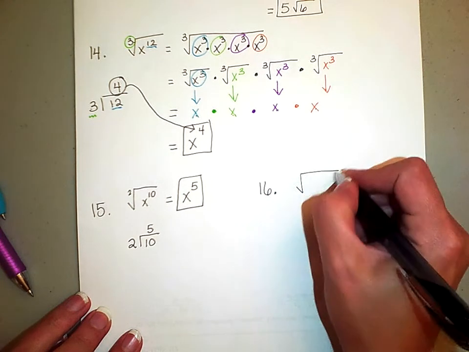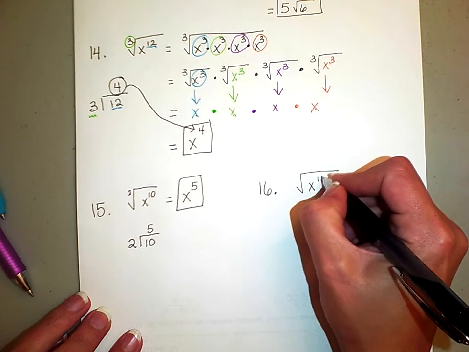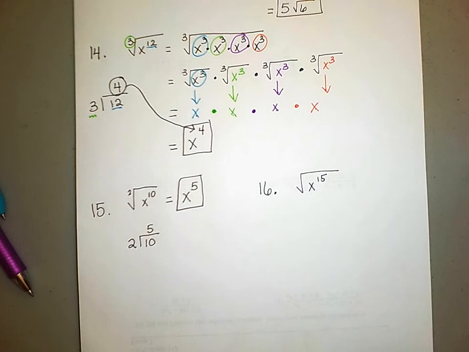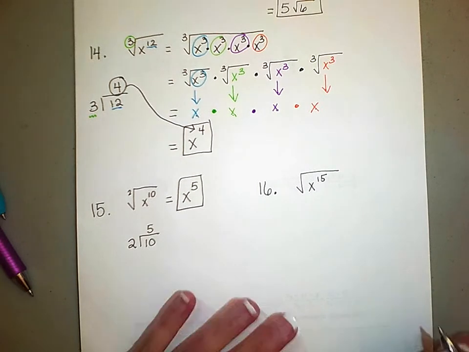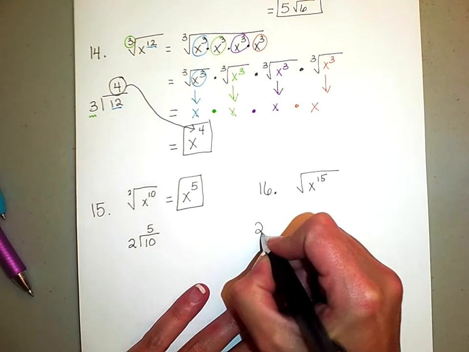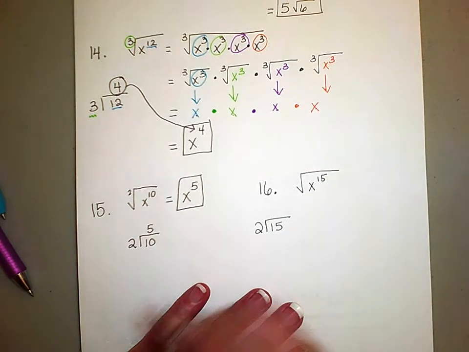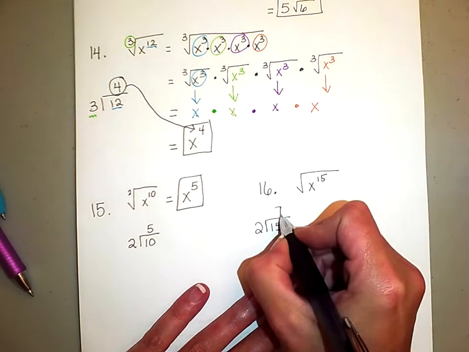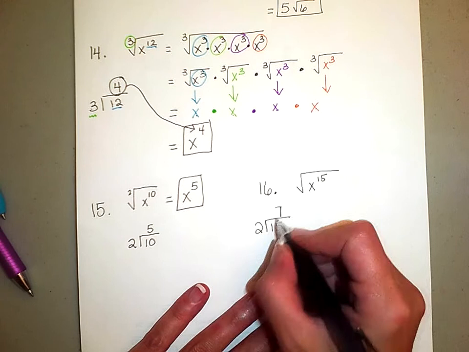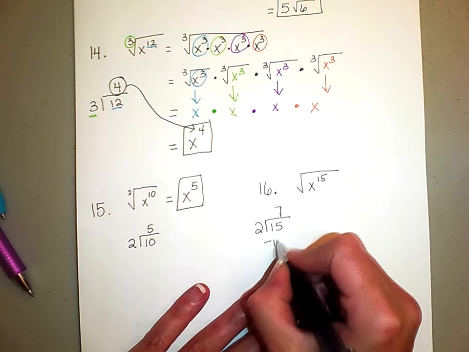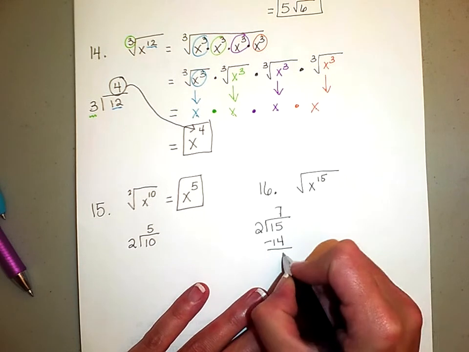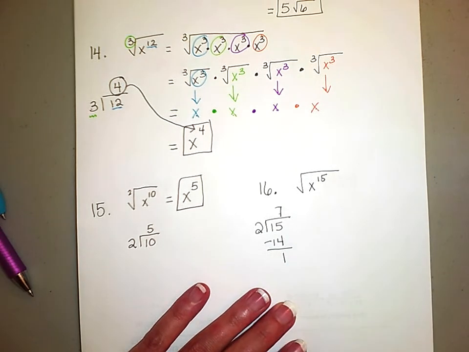In 16, we have the square root of x to the 15th. So again, we'll ask ourselves, how many groups of 2 are there in 15? Well, 2 goes into 15 7 times. 7 times 2 is 14. And there's a remainder of 1.